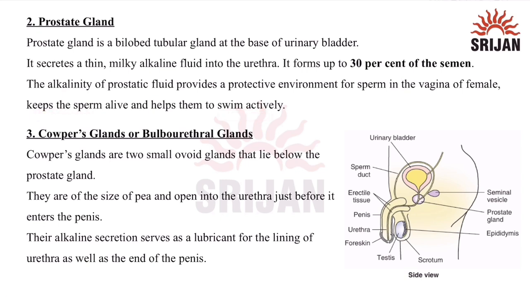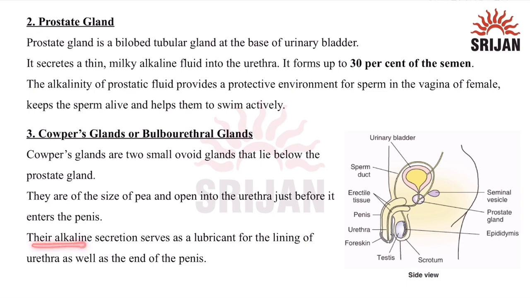Third is the Cowper's gland. Basically, the Cowper's or bulbourethral glands are two small ovoid glands that lie below the prostate gland, somewhere over here. They are the size of a pea and open into the urethra just before it enters the penis.